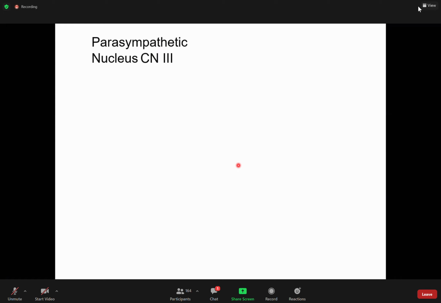One is present in the pterygopalatine fossa, which is called the pterygopalatine ganglion, and this supplies the lacrimal gland and the submandibular gland. And then we have the otic ganglion just in front of the ear, which is going to supply the parotid gland. And then we have the submandibular ganglion, which is supplying the submandibular and the sublingual glands.